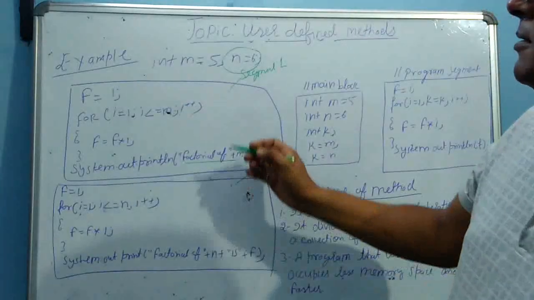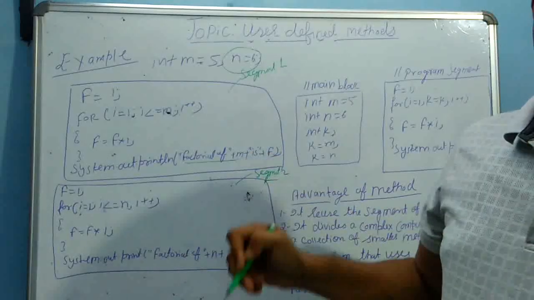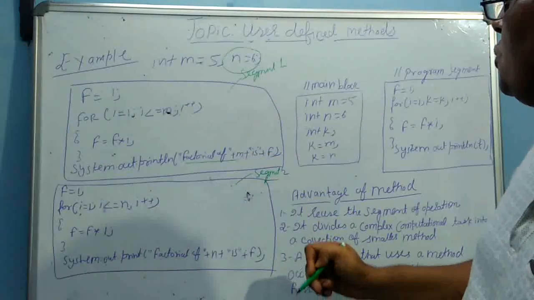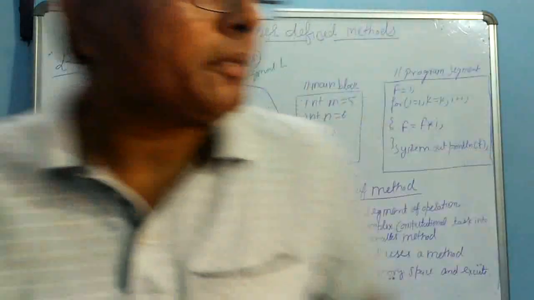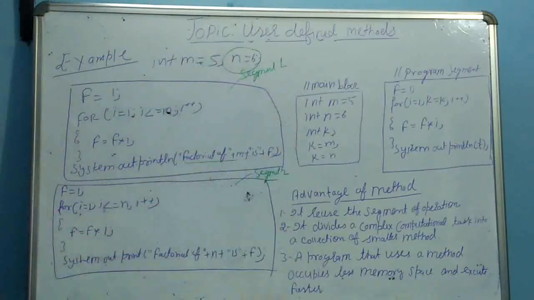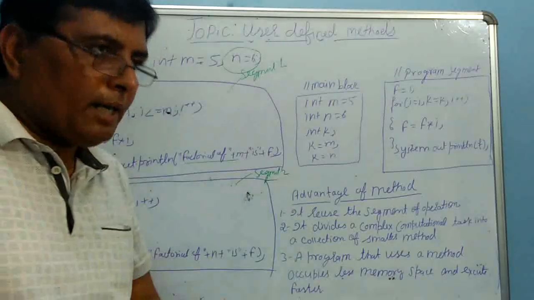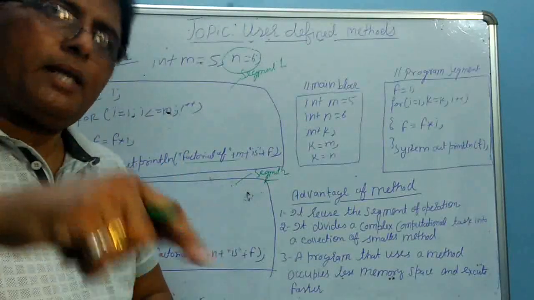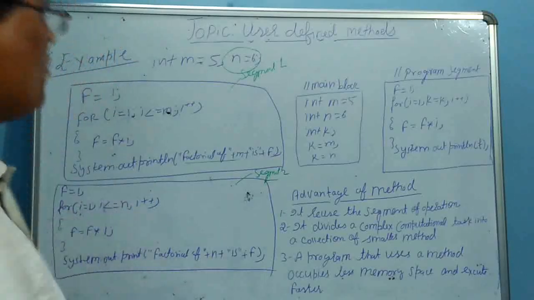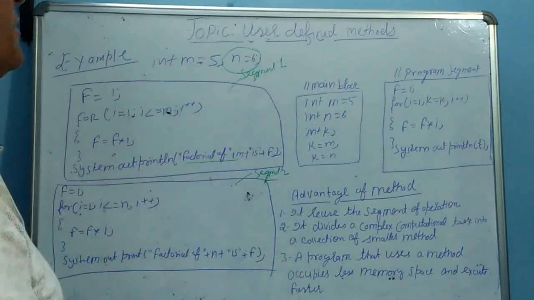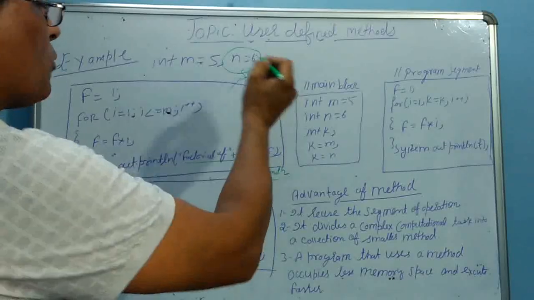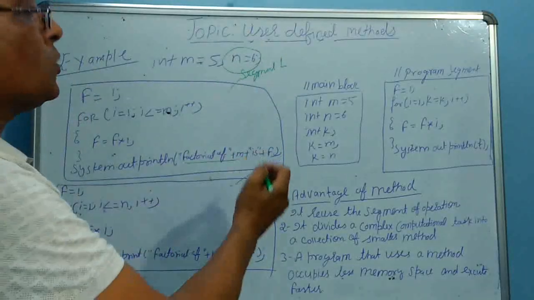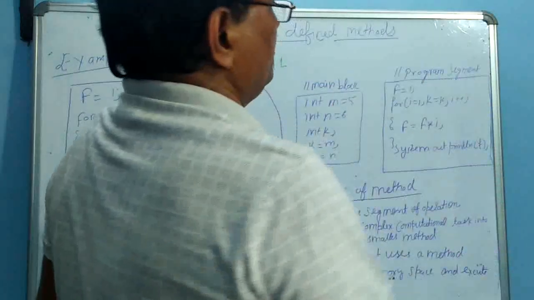So for this problem, we have to use another method. You solve your problem of the mobile, two SIM in one mobile. Now we are solving our one segment program and two segment program into the main block.